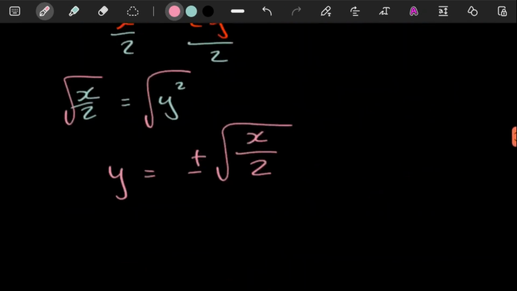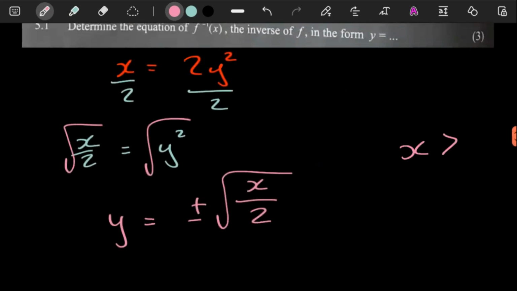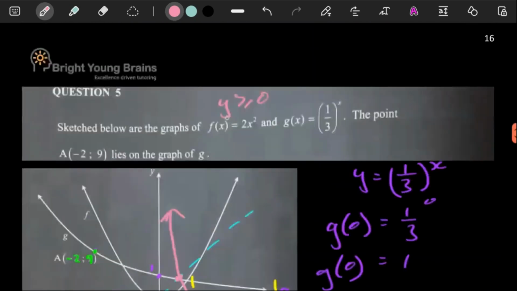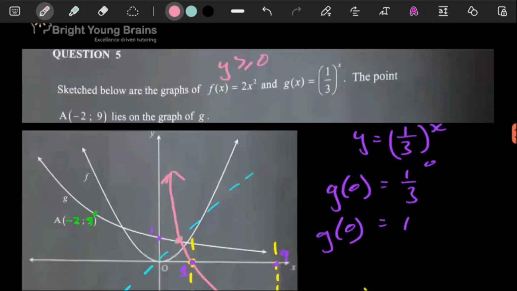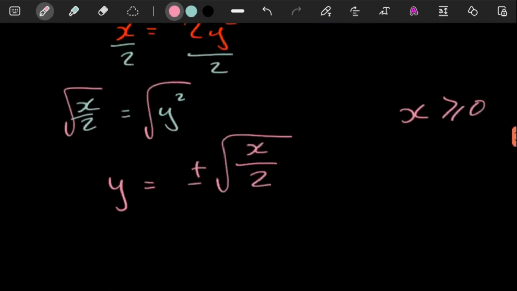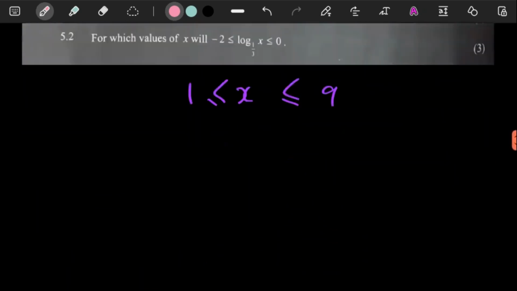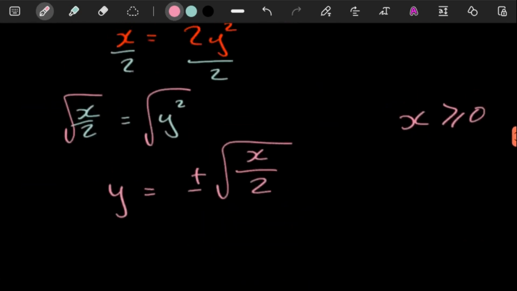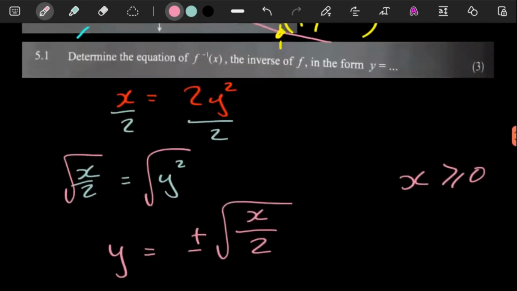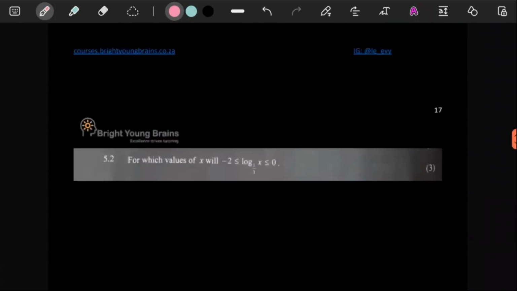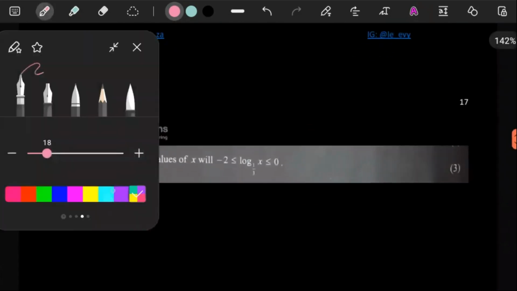So for the inverse, the x values have to be bigger than or equal to 0. Because remember, whatever is y becomes x when you work out the inverse. So let's not forget that. So moving on to the next question. For 5.2, it says the following.